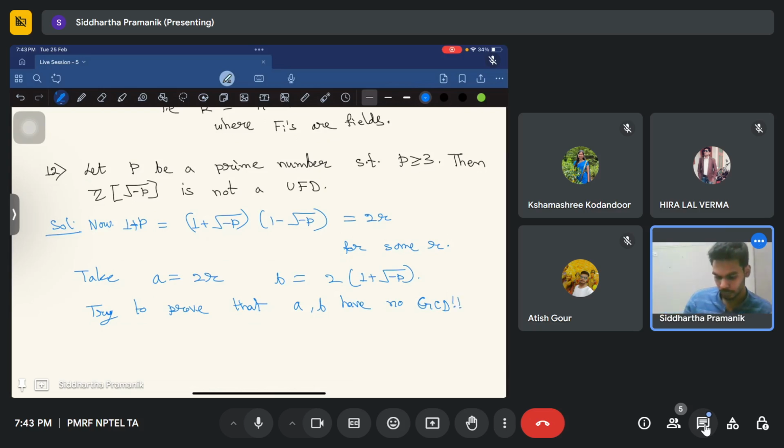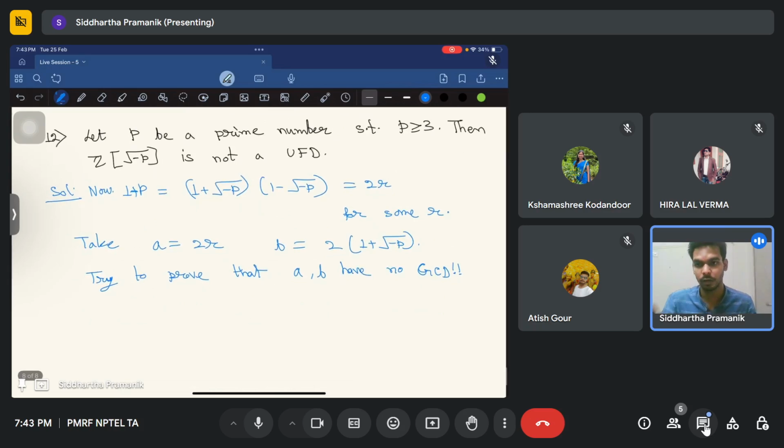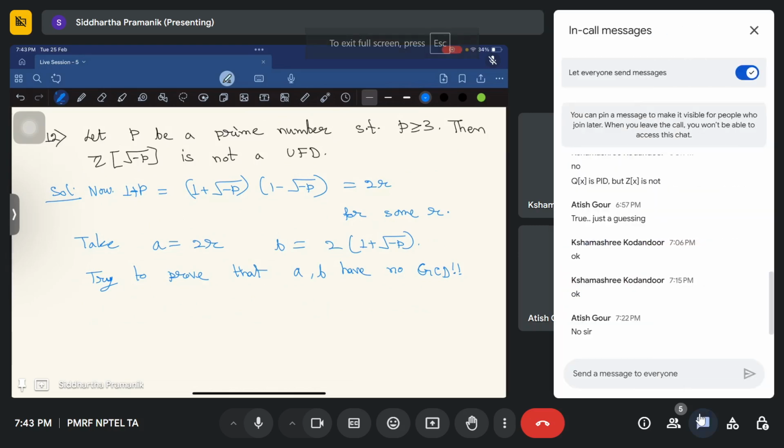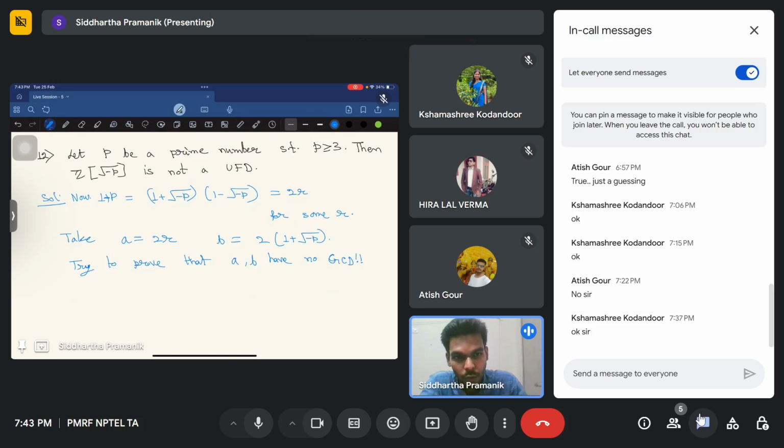So you try to write down this proof. If you feel any difficulty, you just come back in the next problem solving session. Till then, just try it on your own.